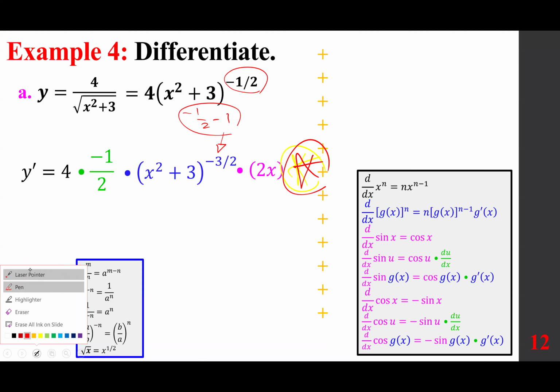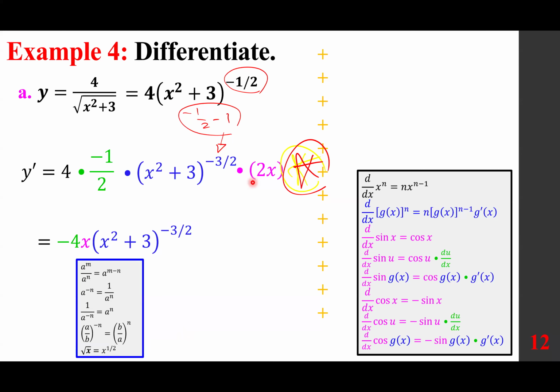And so we continue working on it algebraically to finish the job. 4 times negative 1/2, negative 2, times 2x is negative 4x. We put it in front. This doesn't change. So this remains in the numerator, this goes down, and the exponent becomes positive.